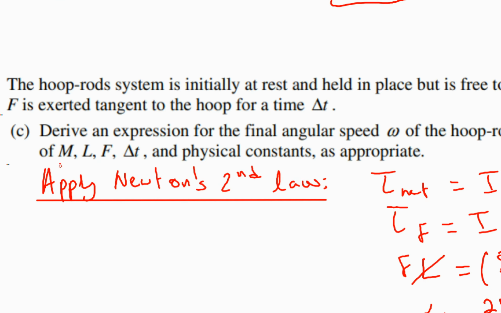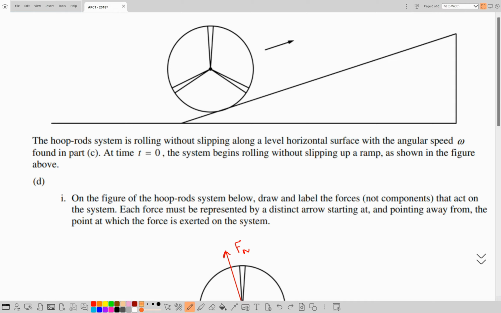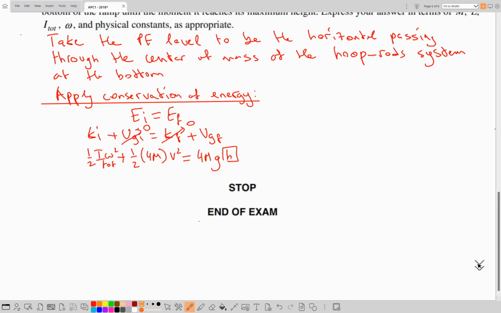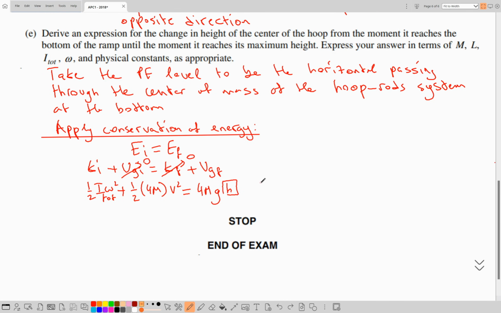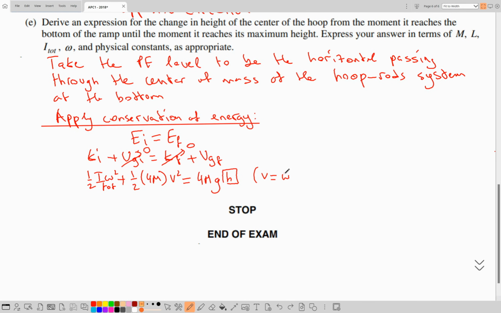Therefore, now the only thing left, we don't know what is v, but v can be related to omega. We can say that v is equal to omega multiplied by the radius, and here the radius is basically the length of each rod, which is capital L. So v is equal to omega L. Okay, and the reason is because we have rolling without slipping.